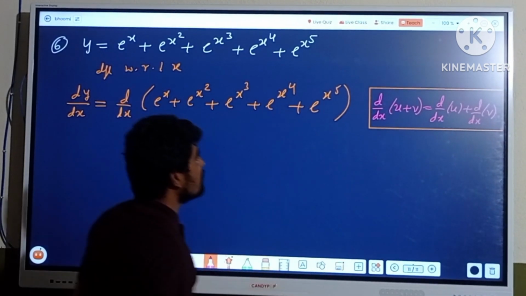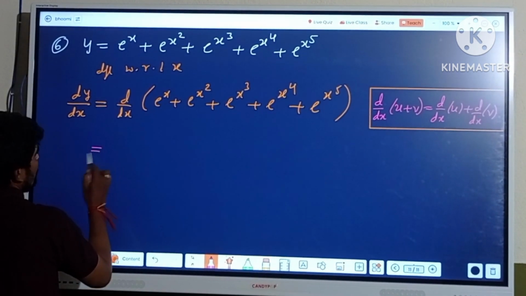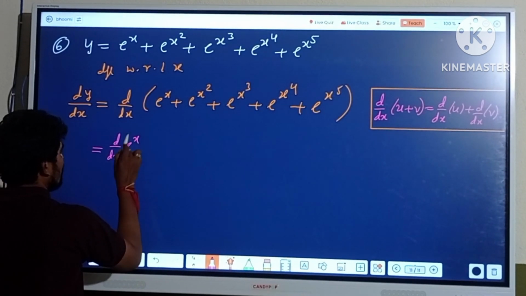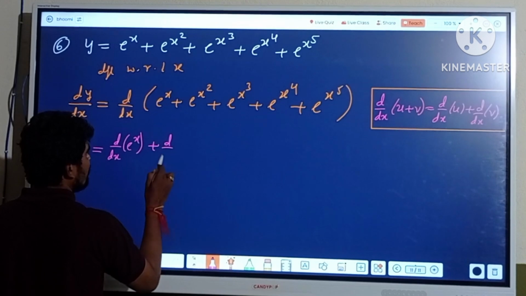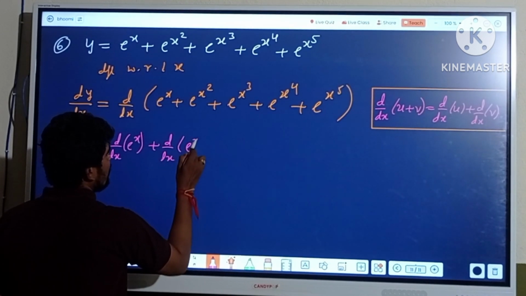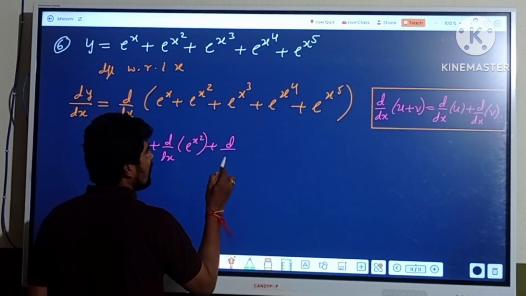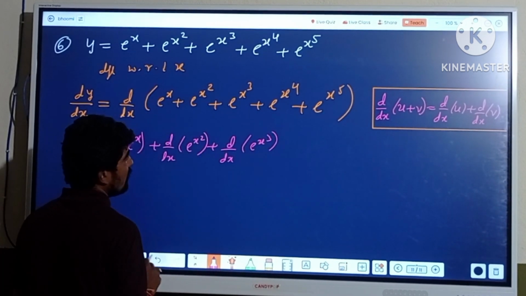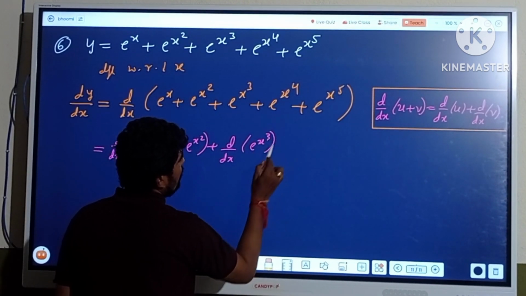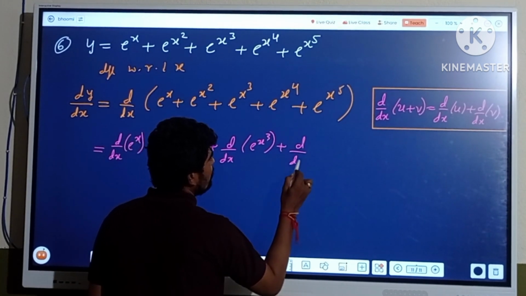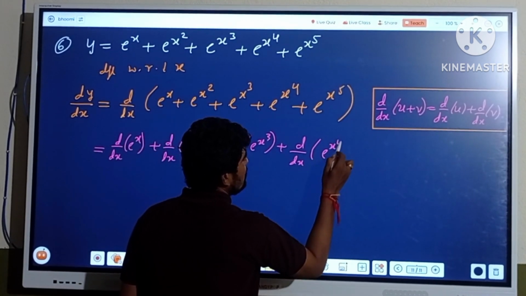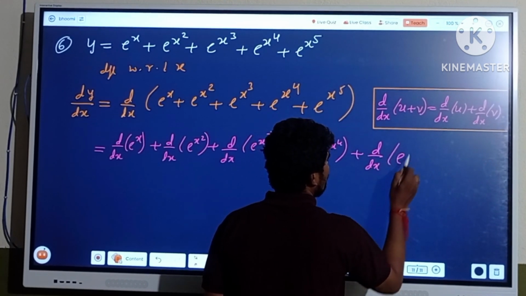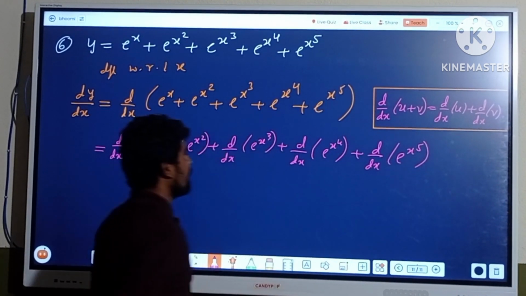So by using this, it can be written as the derivative of e power x plus the derivative of e power x square plus the derivative of e power x cube plus the derivative of e power x raised to 4 plus the derivative of e power x raised to 5.